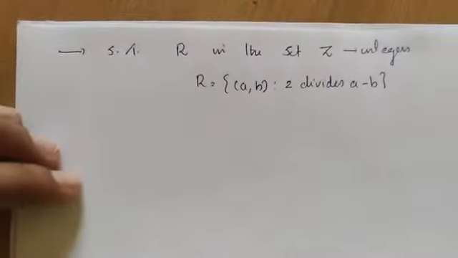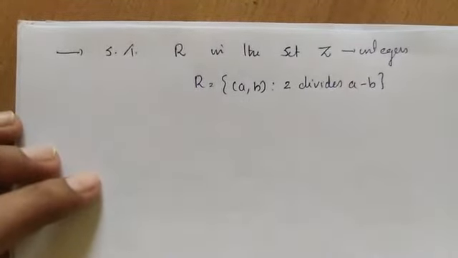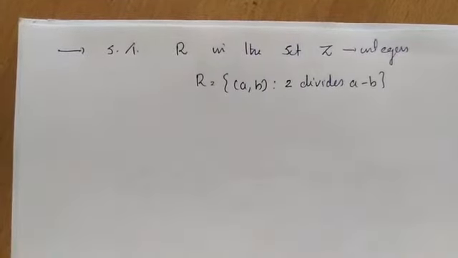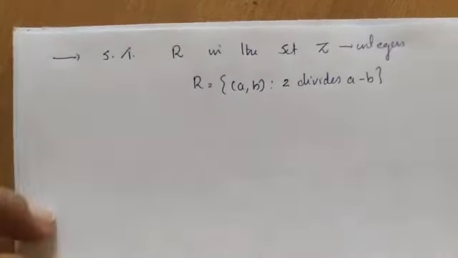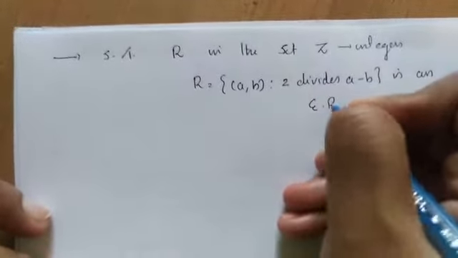Once again the question: show that the relation R in the set Z of integers given by R = {(a, b) where 2 divides a minus b} is an equivalence relation.